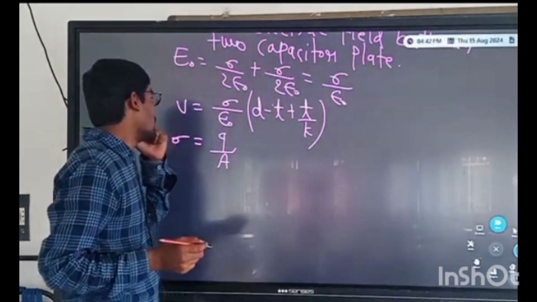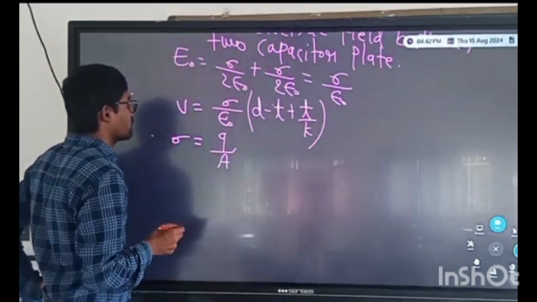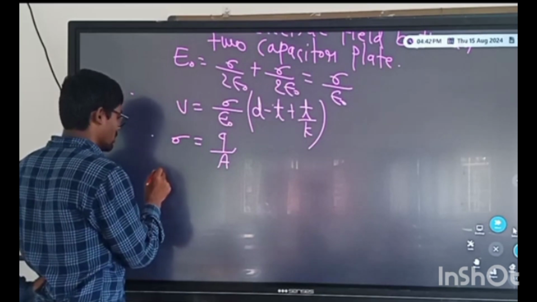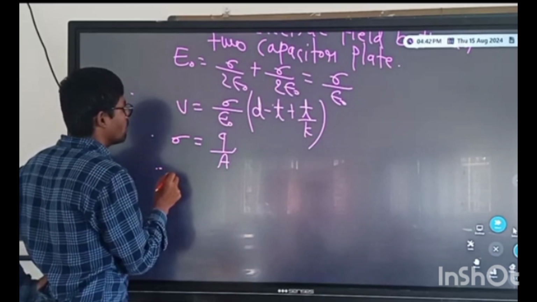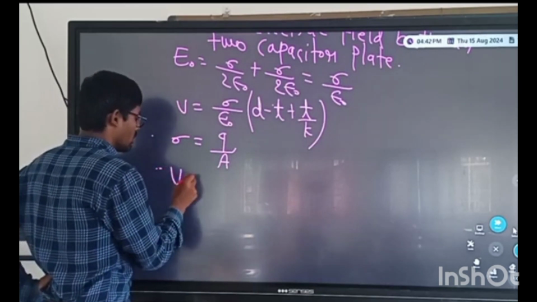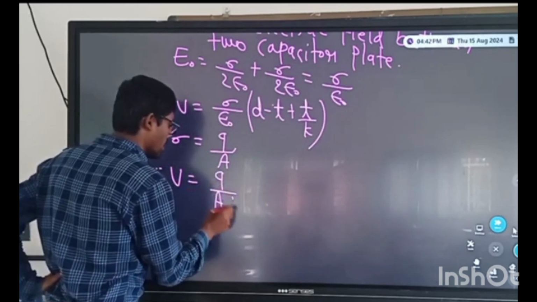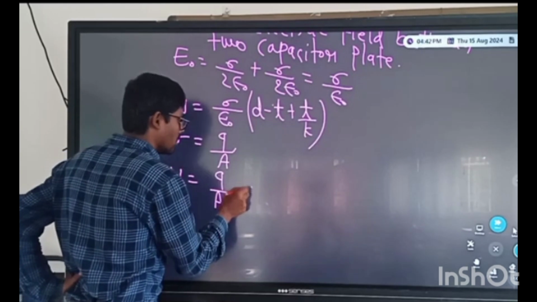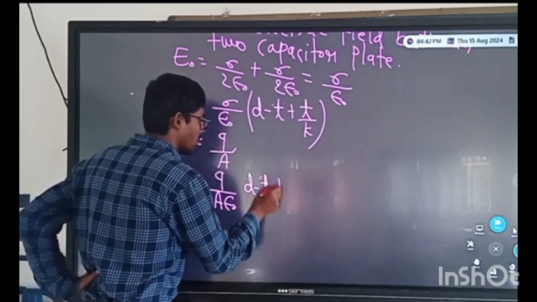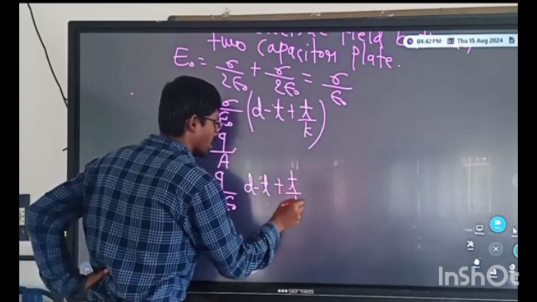Now we will put V is equal to Q by A epsilon naught times (D minus T plus T by K).